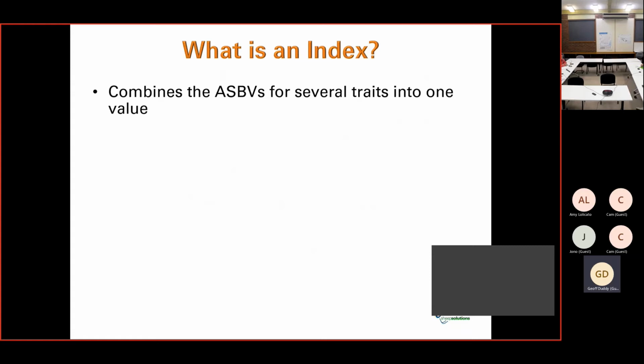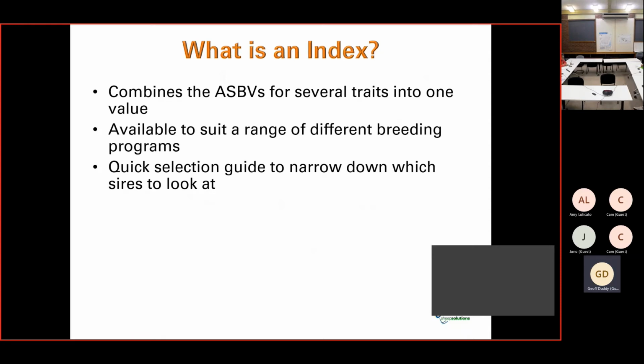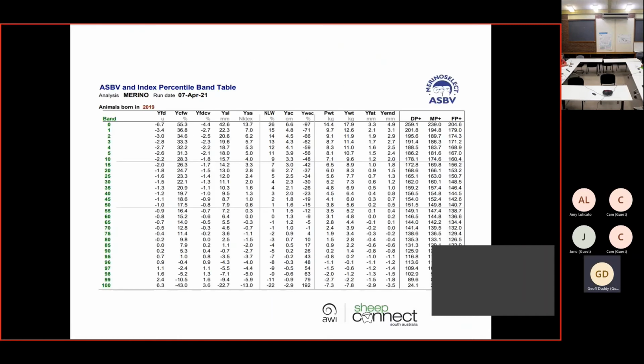He's high up on that index value. They're available to suit a range of different breeding programs. They're a quick selection guide to narrow down sires you want to look at. But while they're useful, it's important that you always consider the individual ASBV for the traits that you're looking at. Okay, and I'll show you why now.